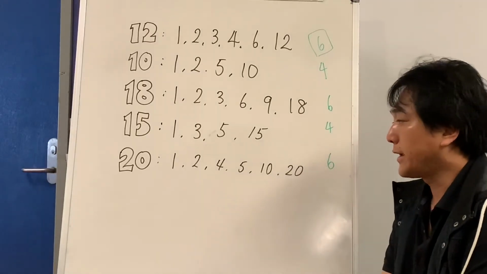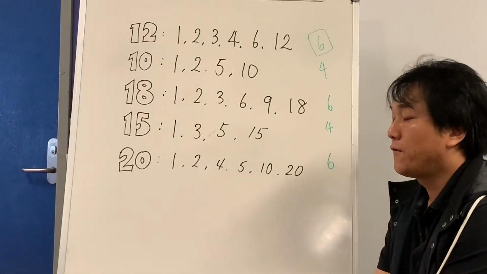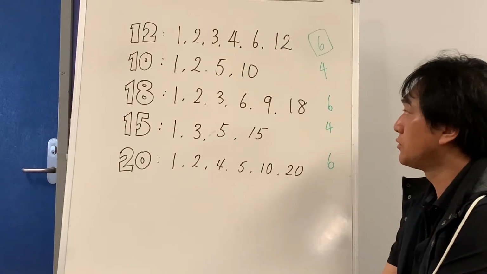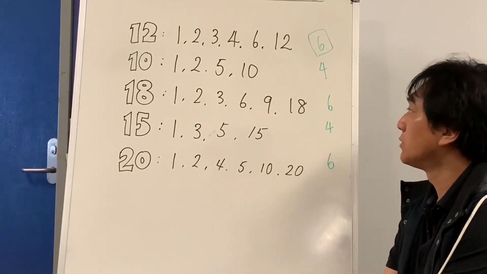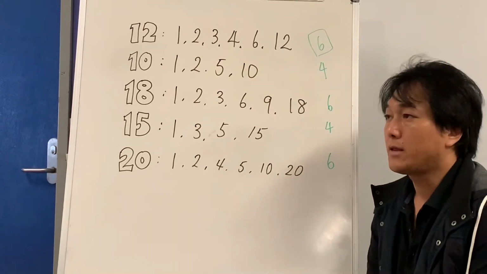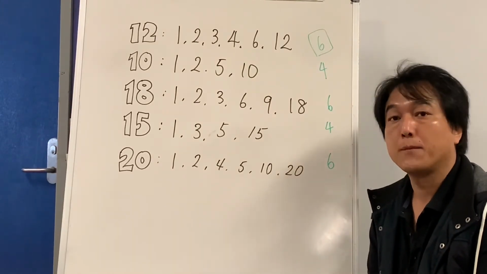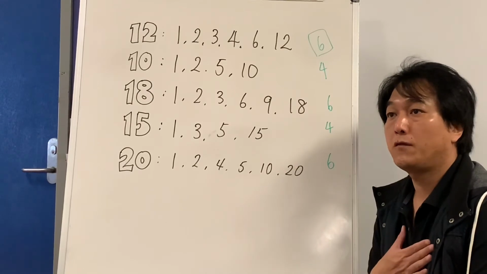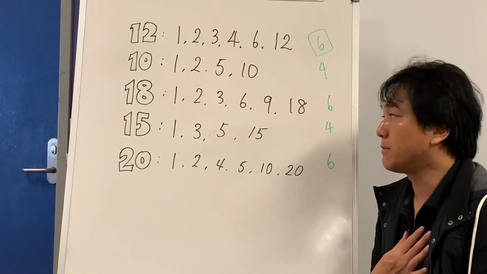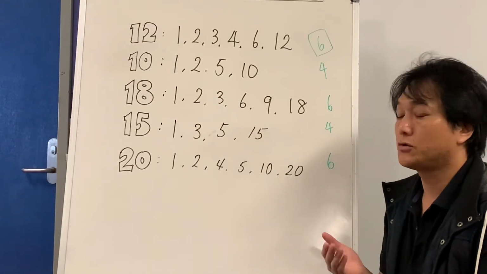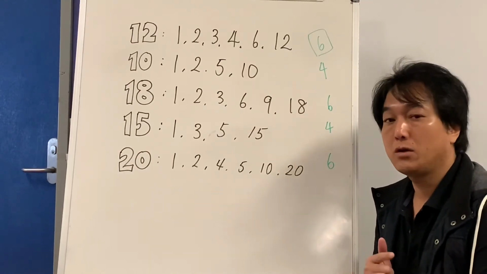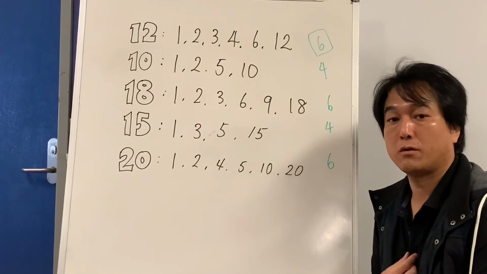So my conjecture is every number should have an even amount of factors. Right, this is an important part of this video. If I say every number, all the numbers should have this, how can you prove me wrong?